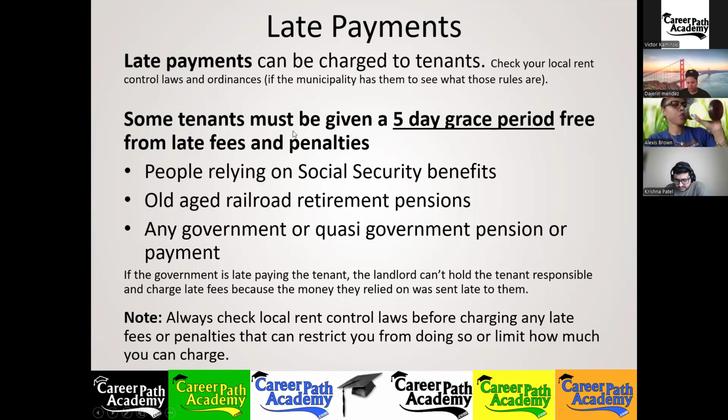Now, some tenants must be given a 5-day grace period free from any late fees or penalties.